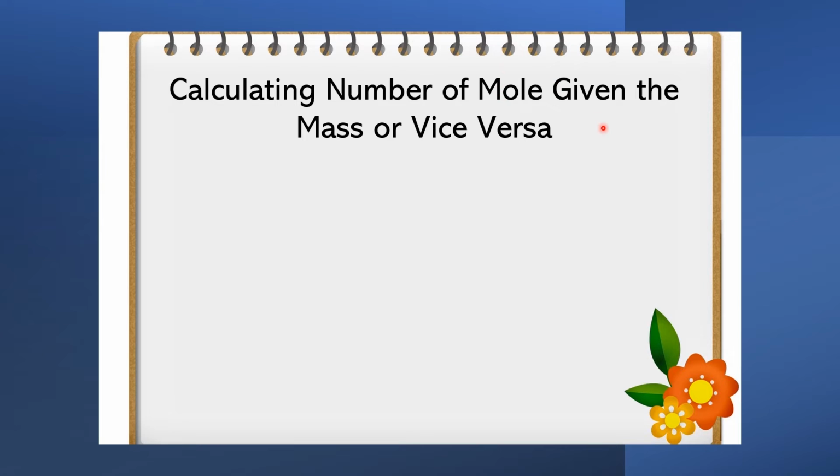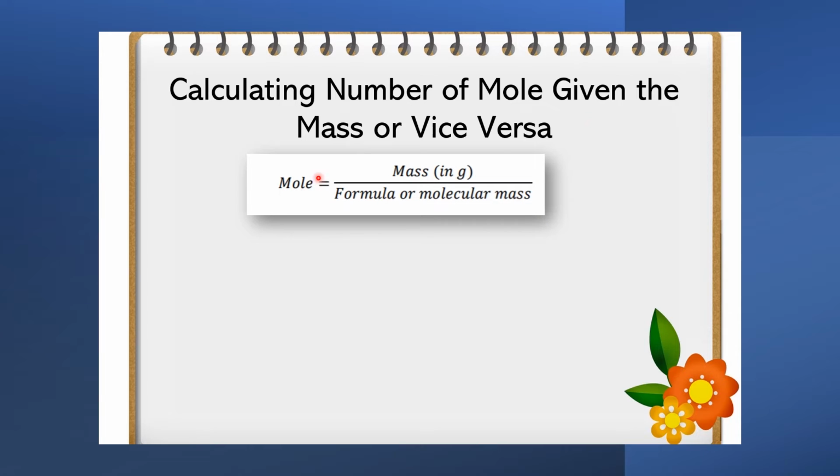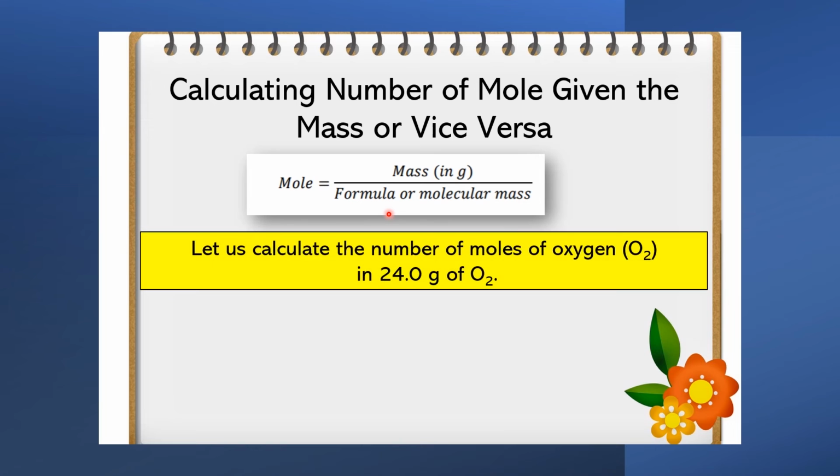Let's now calculate the number of mole given the mass or vice versa. Operationally, the number of moles is determined using the formula mole is equal to mass in grams divided by the formula mass or the molecular mass. So let us calculate the number of moles of oxygen in 24 grams of O2.